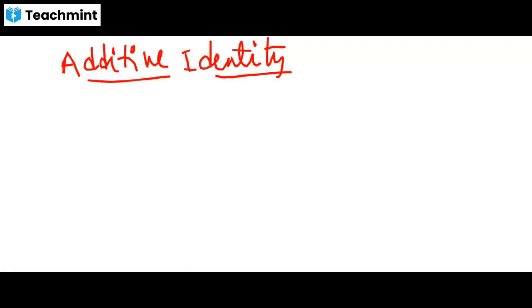The distributive property we are having in the next topic. Now we discuss only up to the associative property. Distributive property we'll discuss after this. Okay, so next one, additive identity.